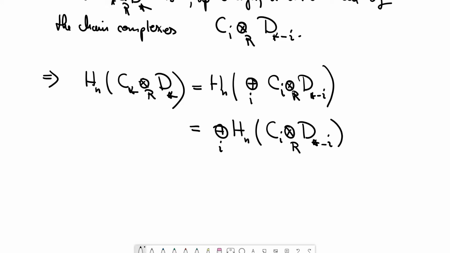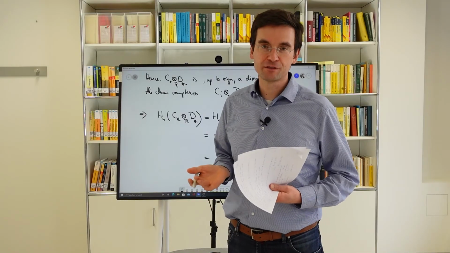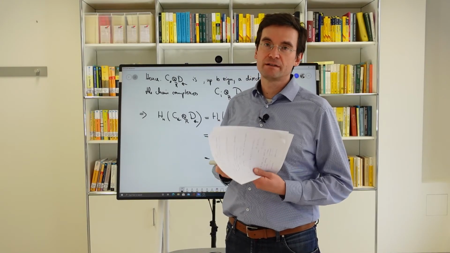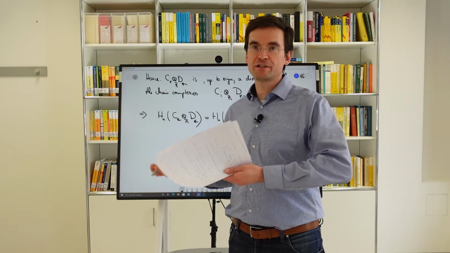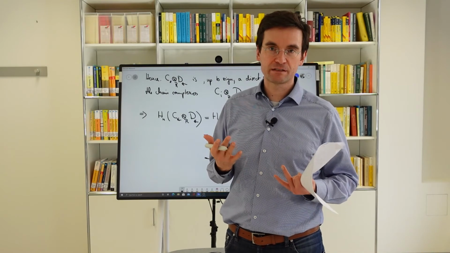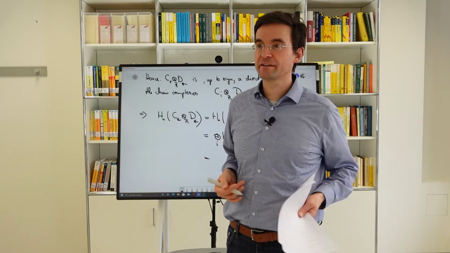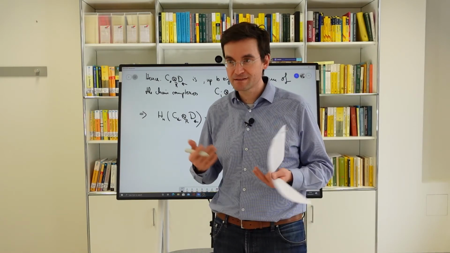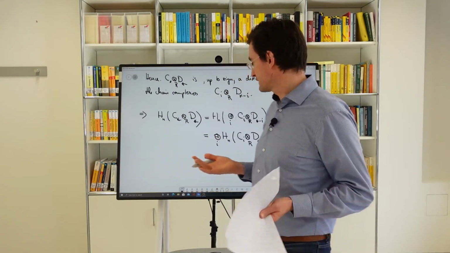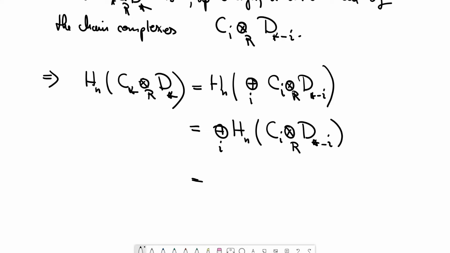But now we use the assumption that Ci is a projective module. So tensoring with a projective module is exact. Therefore, whether you tensor before taking homology or tensor after the homology doesn't make a difference. If you want, you can also apply the universal coefficient theorem in that situation and just argue that the Tor term vanished, but it's actually easier than that because it's a projective module.